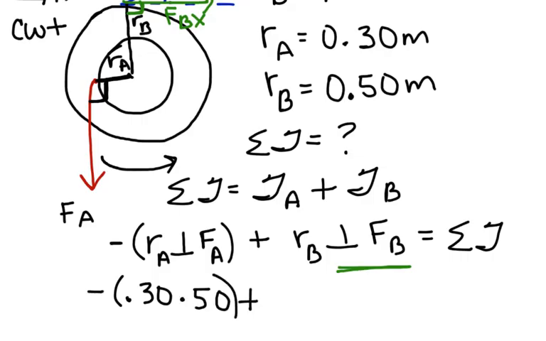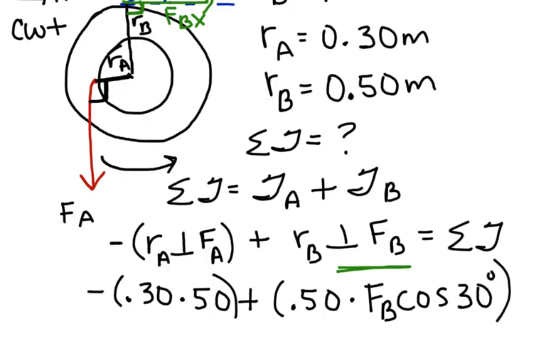We're going to add that to R sub B, which is 0.5 meters, multiplied by the perpendicular component of F sub B, which we talked about earlier as my green component, F sub Bx. That's going to be F sub B cosine of the angle. Let's call that angle 30 degrees.